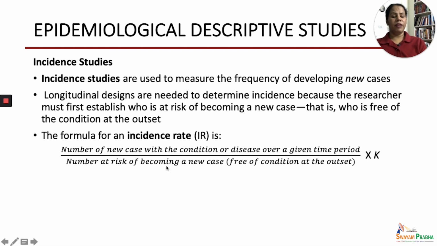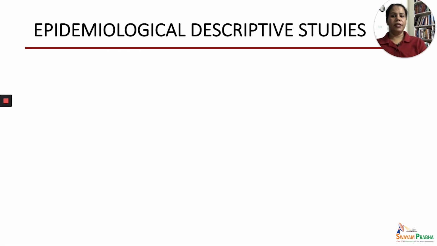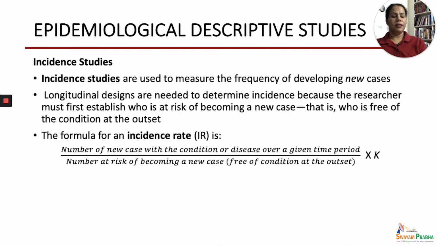And then we need to find this incidence based upon the number of people in the population who are at risk of becoming a new case, but at that time were free of the condition at the outset, into K. This K is your per 100 or per 1000.